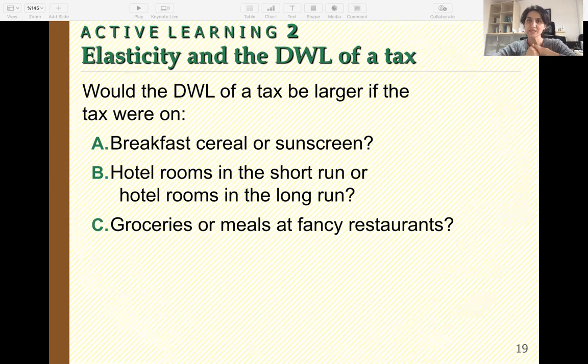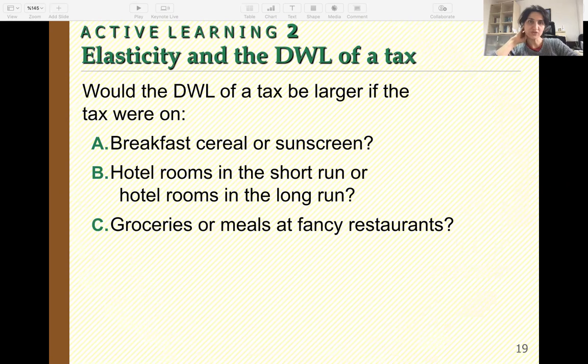Which one is more elastic, breakfast cereal or sunscreen? It's breakfast cereal, right? If it is more elastic, then it's going to cause higher deadweight loss. So the government should tax sunscreen more. If the aim of the government is to have lower deadweight loss, then sunscreen is more inelastic, so it should tax sunscreen.